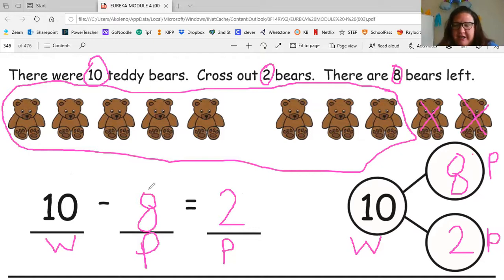Did I take away 2? No, I took away 8. I need to make sure that I look at my problem and that it matches. Cross out 2 means take them away. 10 minus 2 equals 8. Got it? Easy peasy, lemon squeezy.